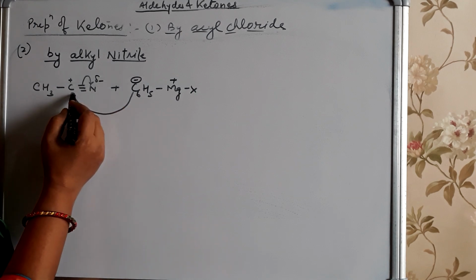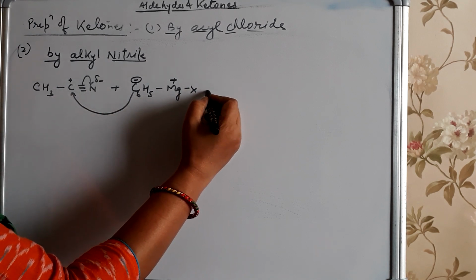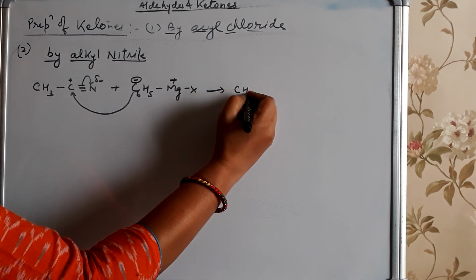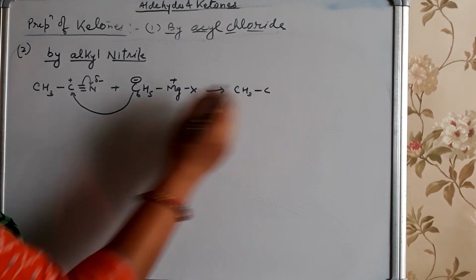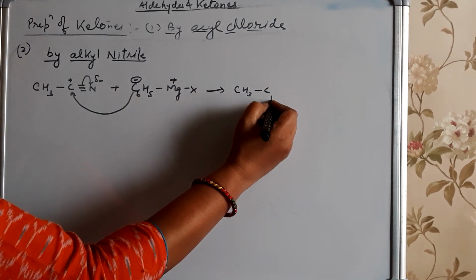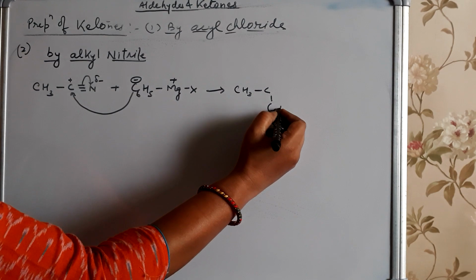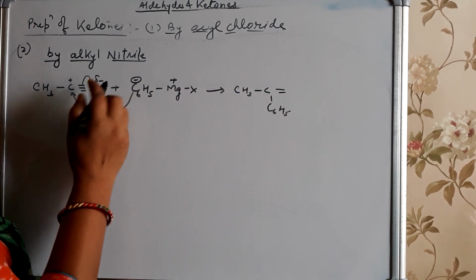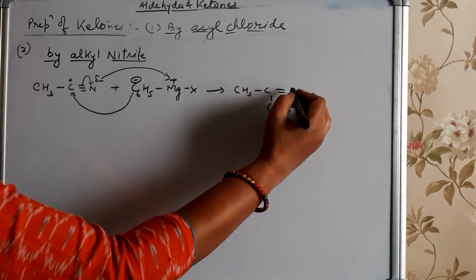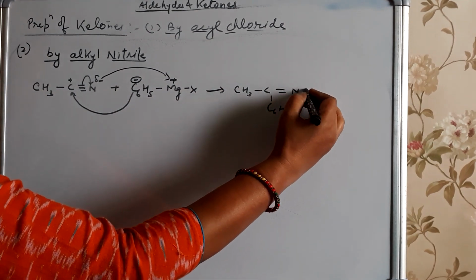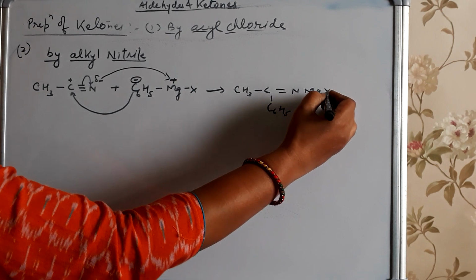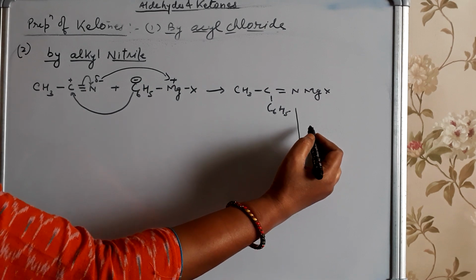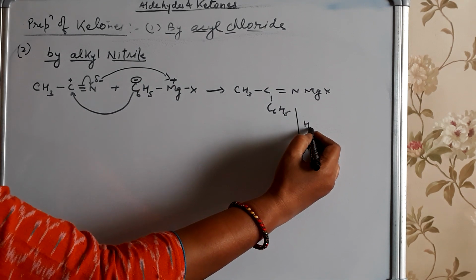This negative alkyl group goes to this electrophilic center, and there is formation of CH3 C connected to C6H5 with a double bond and connected to MgX. What happens when this compound undergoes hydrolysis?